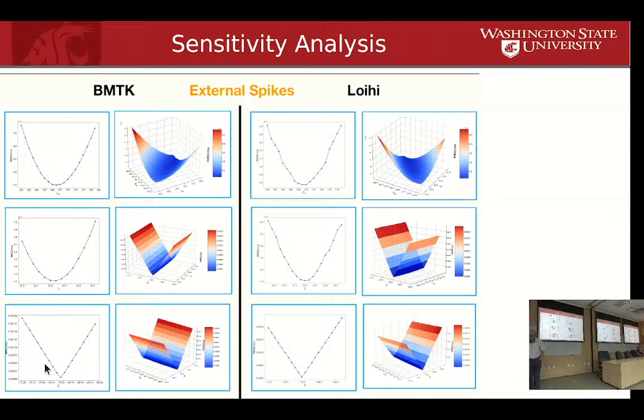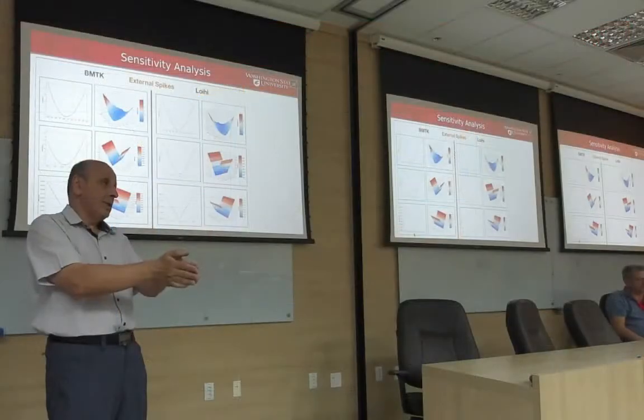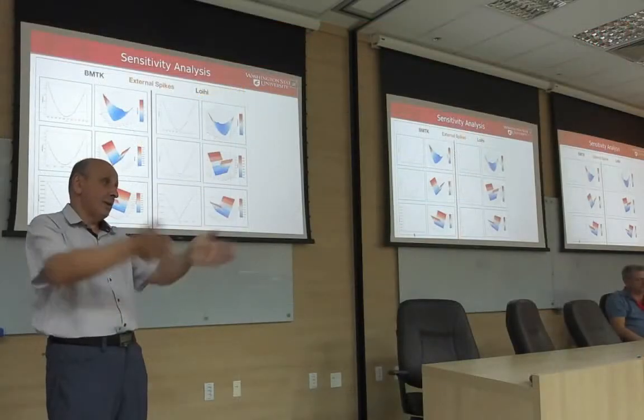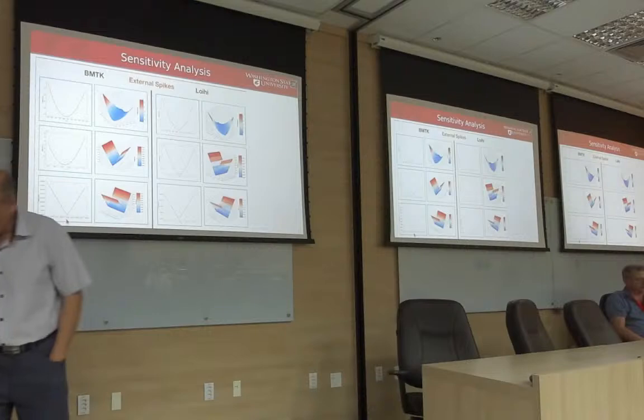This one of the parameters, the threshold parameter, turns out to be important. You see that the response curve is sharper, so that means this has to be dealt with more carefully, and we had better find the minimum more precisely, because then it changes more rapidly.